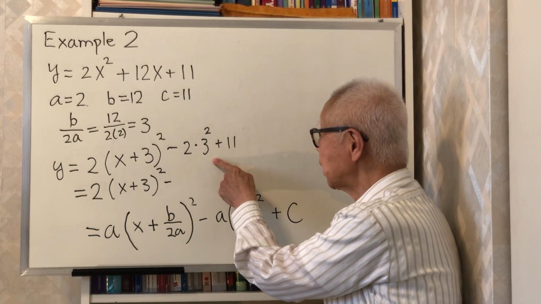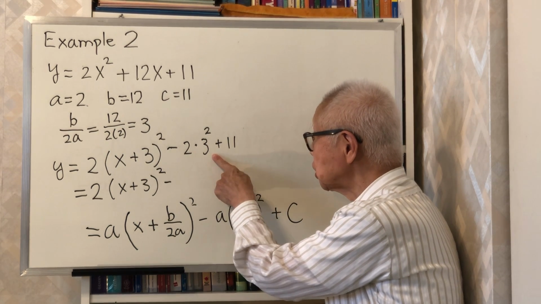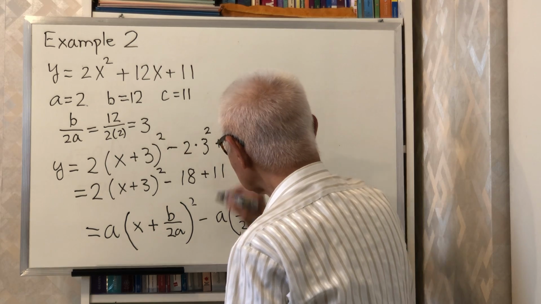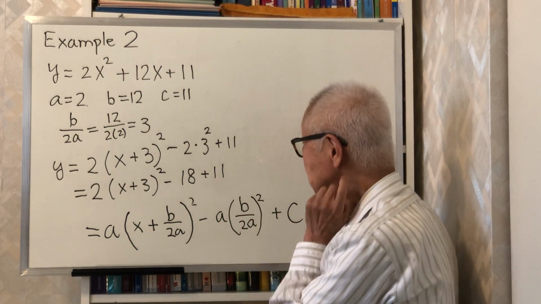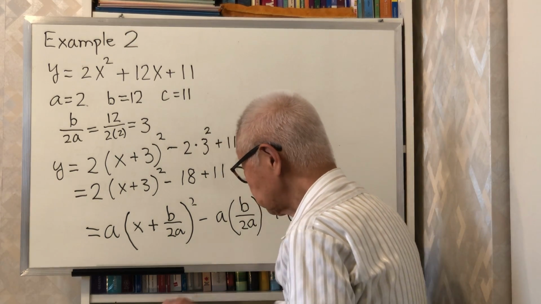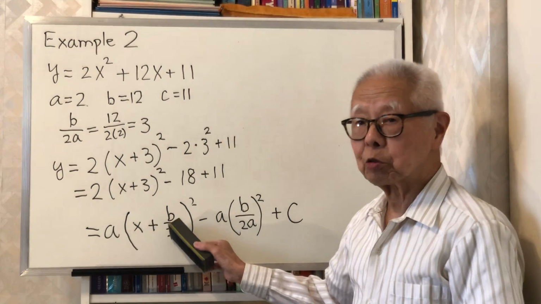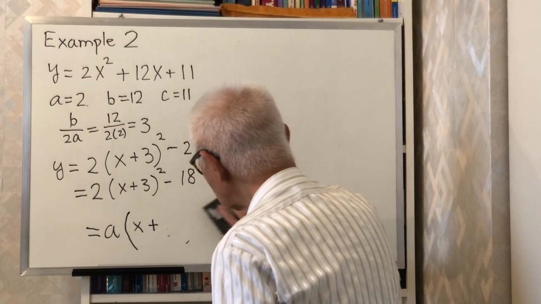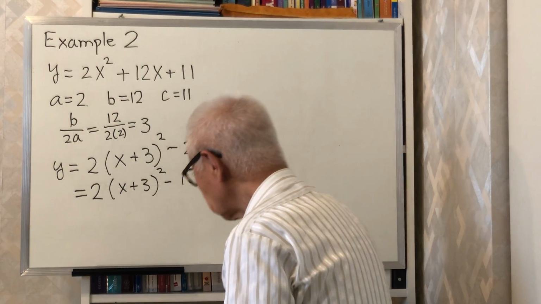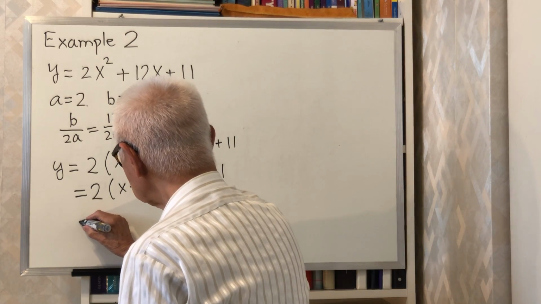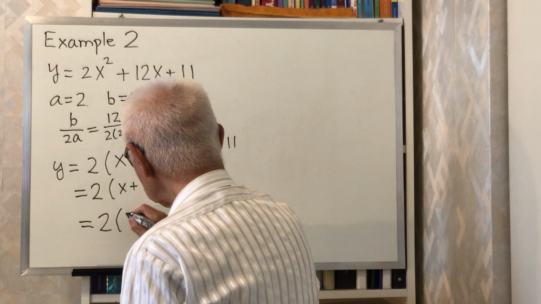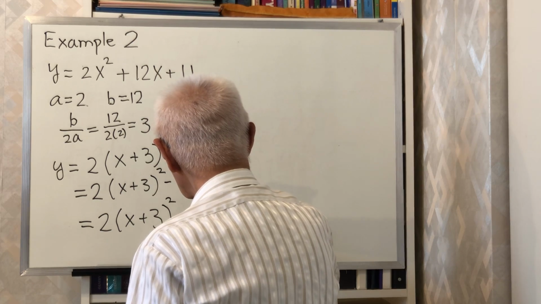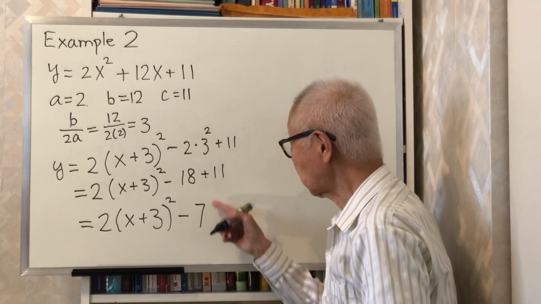Three squared is 9. 2 times 9 is 18, minus 18 plus 11 is minus 7.